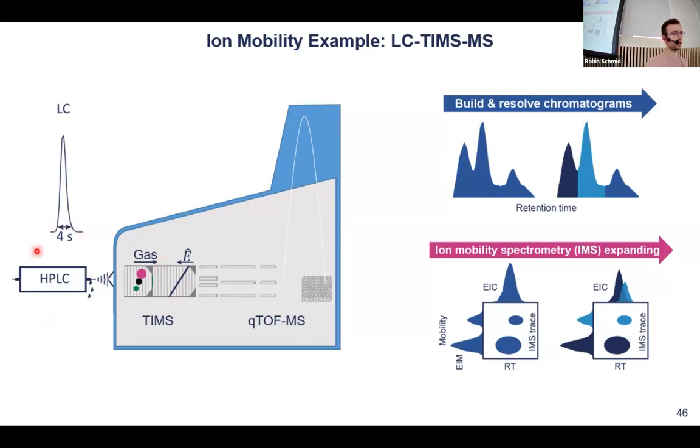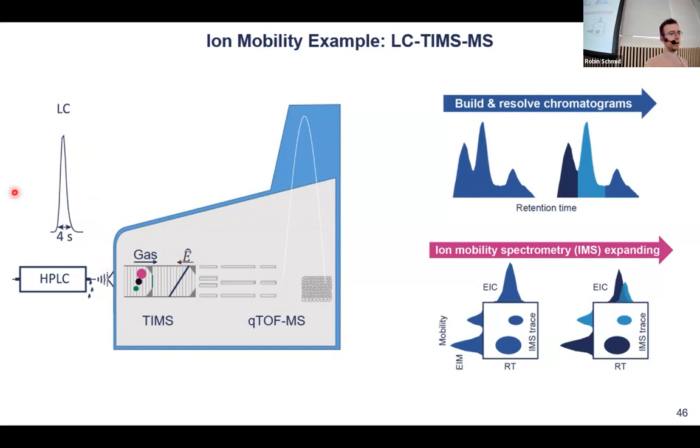If we imagine a chromatographic separation, our peak has a width of, I don't know, 4 to 5, 6 seconds, depending on how fast your LC is. And in our mass spectrometer, for example QTOFs, one transient takes around 100 microseconds. So there are a few orders of magnitude between those two time frames, and the ion mobility separation fits in nicely between them.